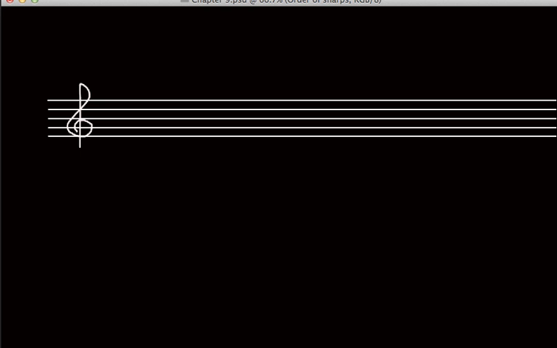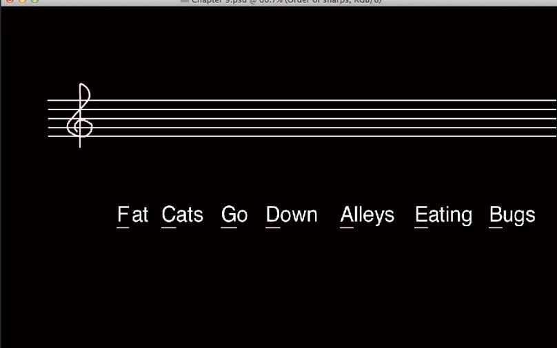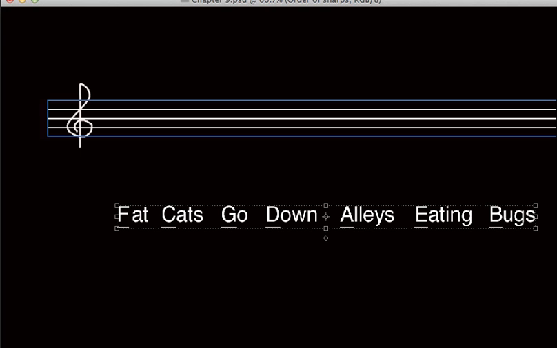Let's talk about the order of sharps and flats. In the book, it indicates this, and I use a different anagram for it. But if you know the saying "fat cats go down alleys eating bugs," this tells you the order of the sharps.